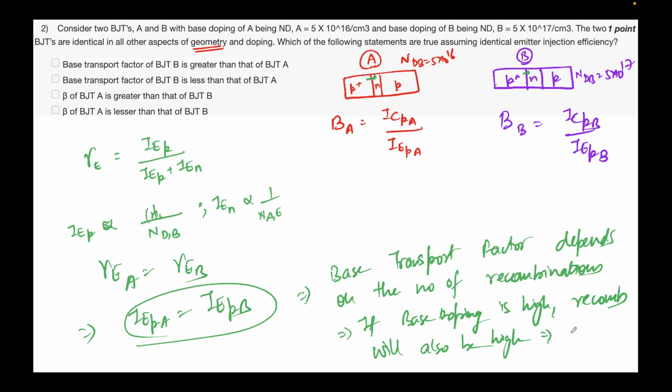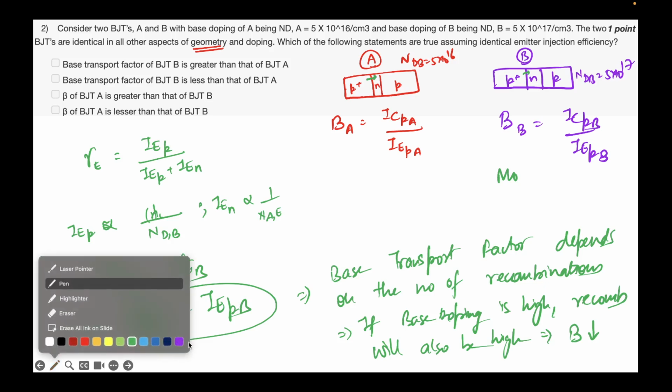And what you see is the value of B should decrease. So among these two, A and B, the base doping of B is high, 5 into 10 to the power 17, one order higher. This means that whatever holes are being injected in both cases, more recombination will happen here. So here what will happen is, I'll use the same color rather. I'll continue with this, sorry.